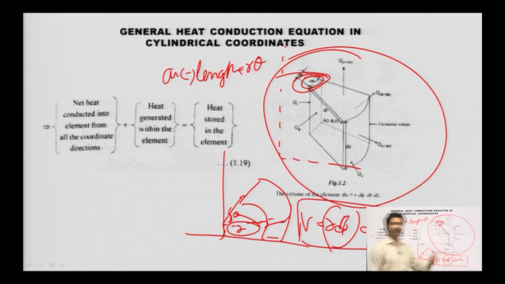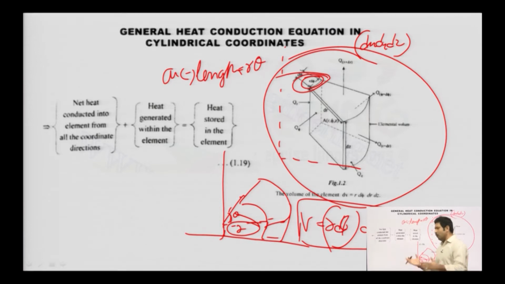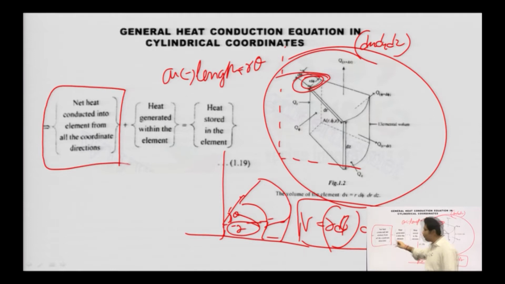In my previous derivation in rectangular coordinates, it was dx dy dz, if you remember. On similar lines, we will do this derivation once again. Heat conducted into the element from all directions, means q. From my previous derivation it was qx minus qx plus dx, but since the coordinates have changed, qx won't remain qx. It will be qr, q phi and qz.